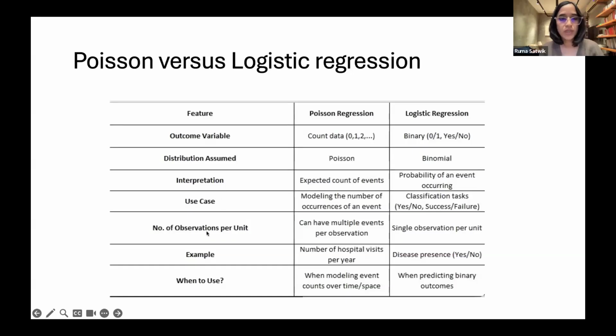We come straight to the number of observations, the outcome that you are looking at. Each observation can have multiple events per observation. So each cycle could have multiple births. So multiple transfers could lead to multiple births. Here you will have from one cycle, whether the live birth occurred, yes or no, is what you're looking at.